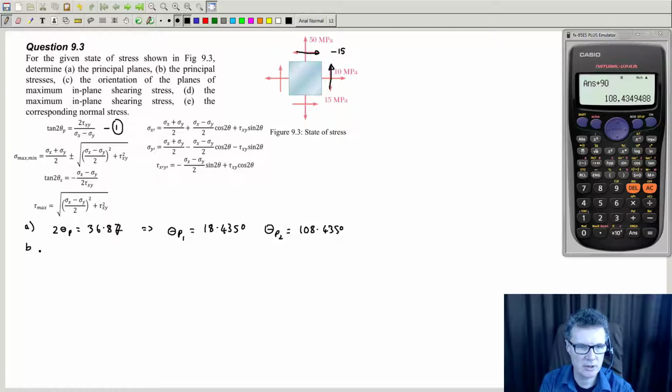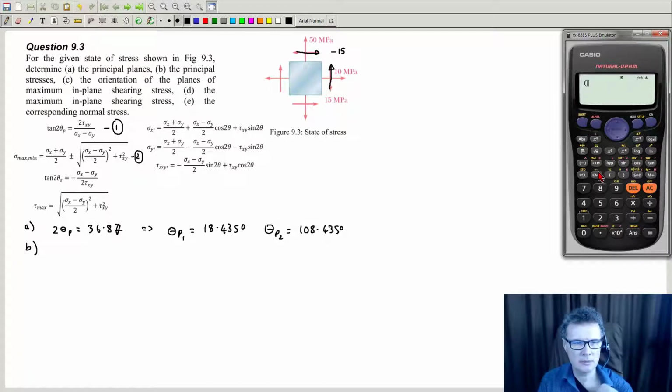Principal stresses. So we're going to use this equation here. So what am I going to do? I'm going to say 10 plus 50 divided by 2. So the first one we'll do is the minimum.